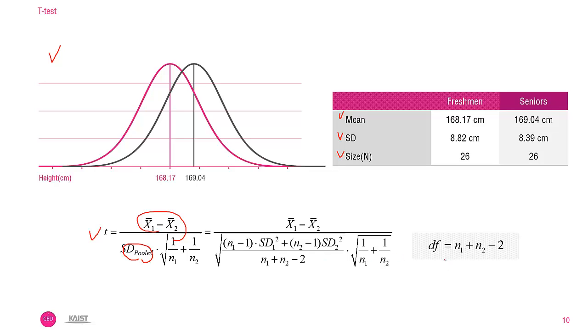And then you get the degree of freedom by adding the size of sample 1 and size of sample 2, and then you subtract 2 from the sum. Using this formula, of course, you can calculate the t-value, but you can more easily perform this independent t-test in Excel.